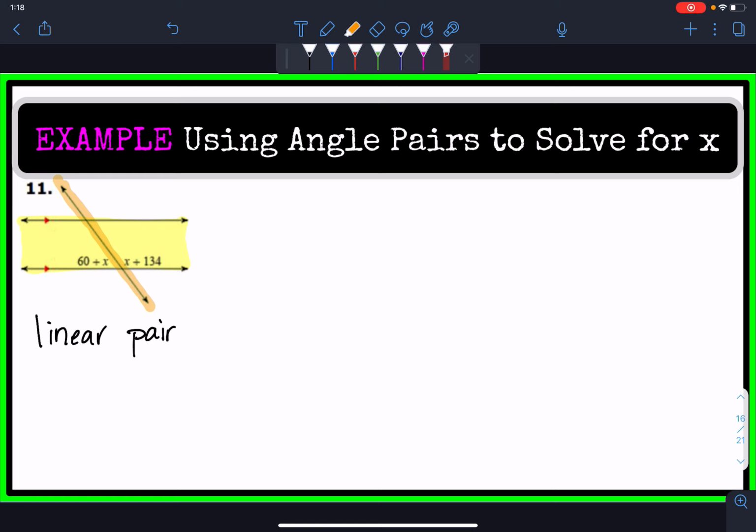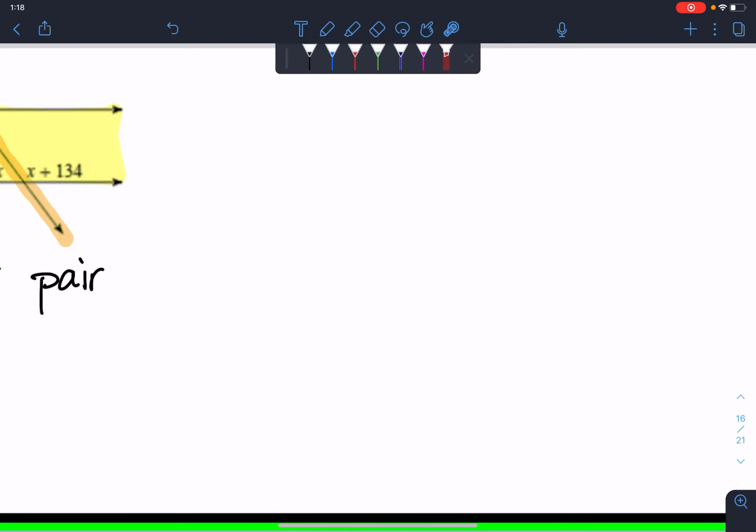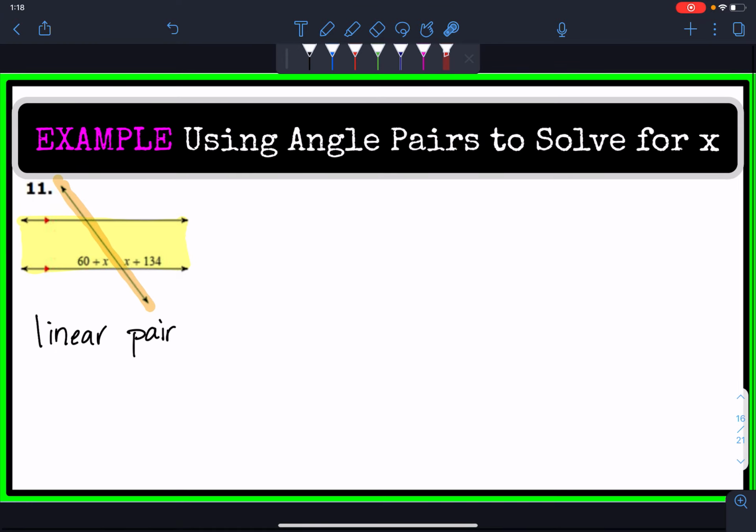So they're not alternate interiors, nothing like that. They are adjacent because they're next to each other, and part of a straight line. So linear pairs. So again, what does that mean? It means that they're supplementary.